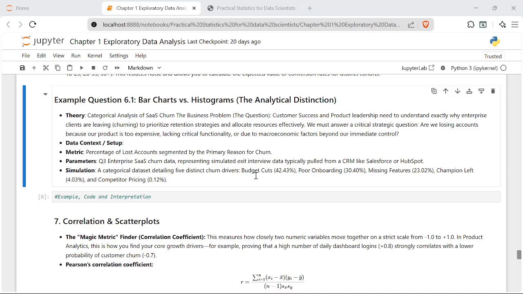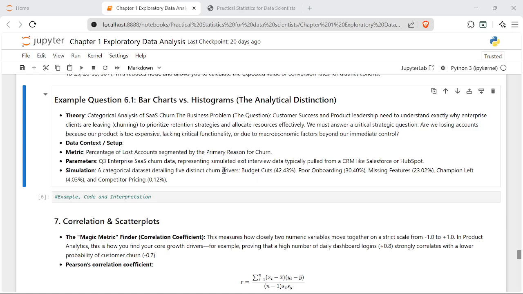Imagine this is the raw exit interview data pulled straight out of a CRM like Salesforce or HubSpot. Our key metric here is the percentage of lost accounts, segmented by their primary reason for churning. We are looking at distinct, separate categories rather than continuous numbers.